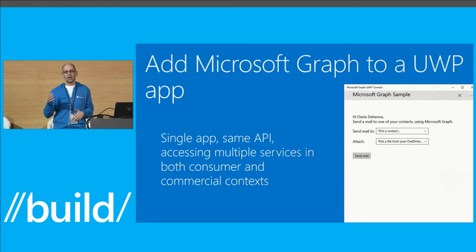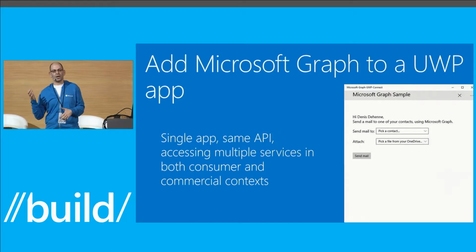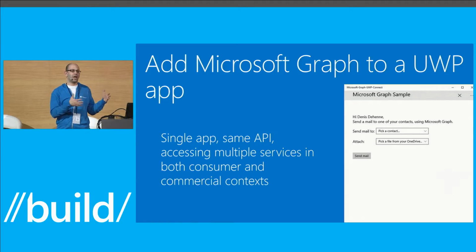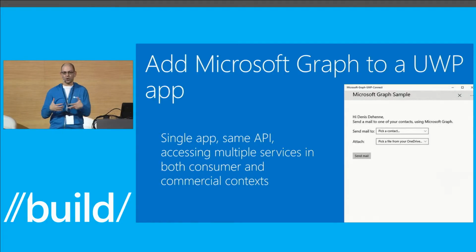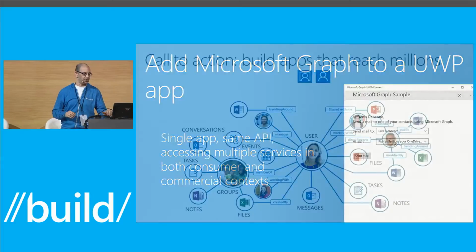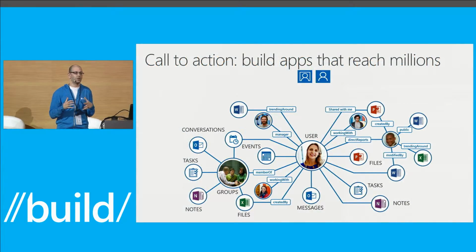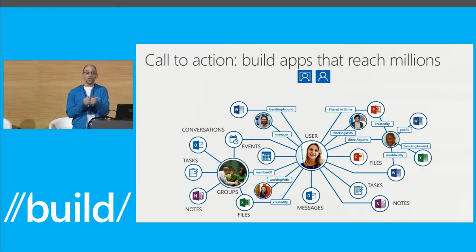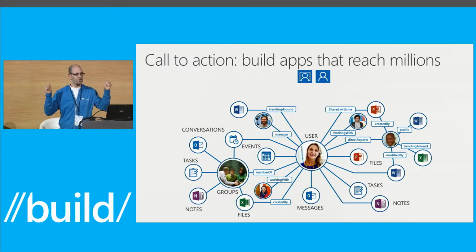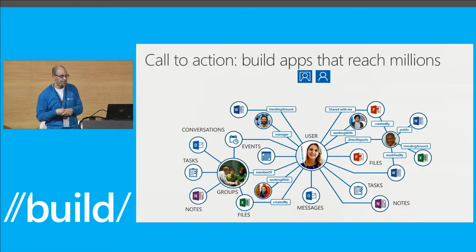So not only can you attract users and reach users in organizational settings, but you can reach users in the consumer settings as well and reach millions more users for your application that you just write once to access that same data, whether the user is a consumer user or a commercial user.